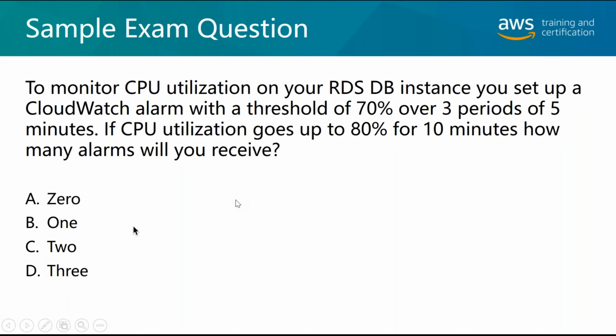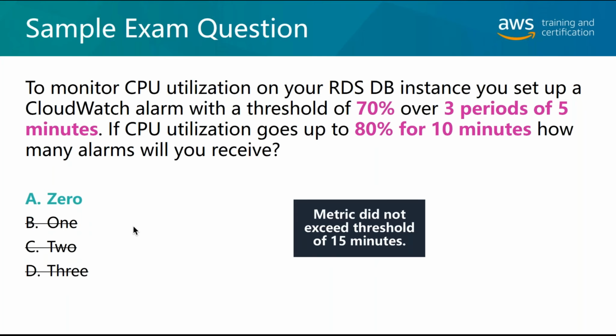This is a sample question. To monitor CPU utilization on your RDS database instance, you set up a CloudWatch alarm with a threshold of 70% over 3 periods of 5 minutes. If CPU utilization goes up to 80% for 10 minutes, how many alarms will you receive?